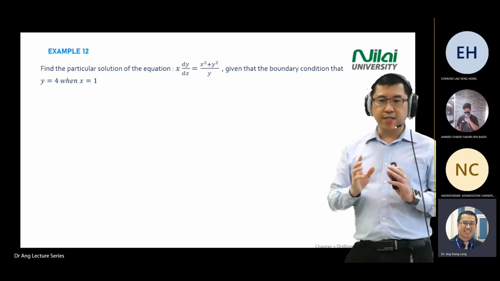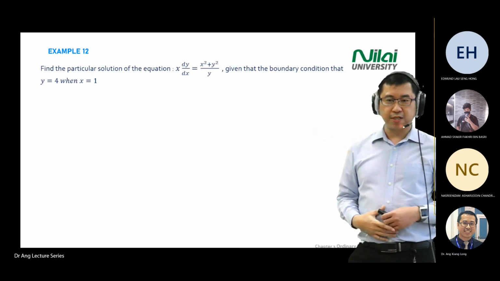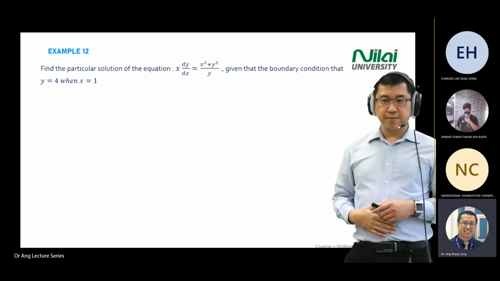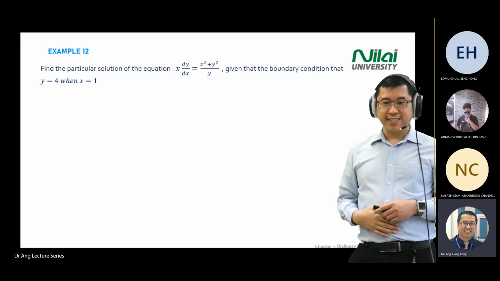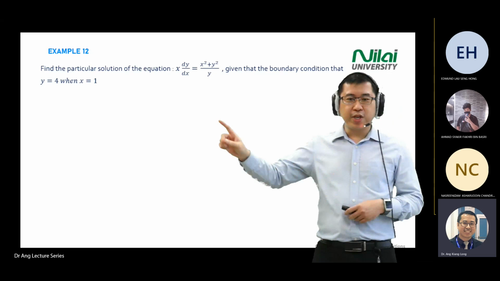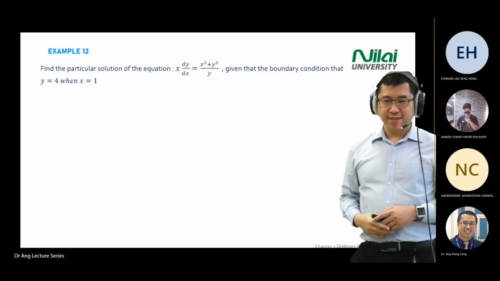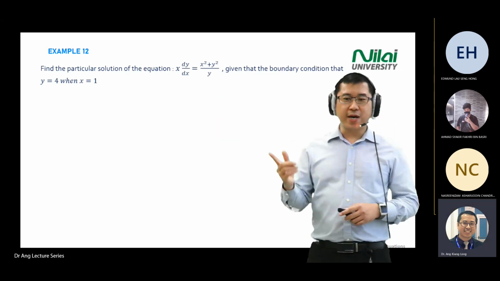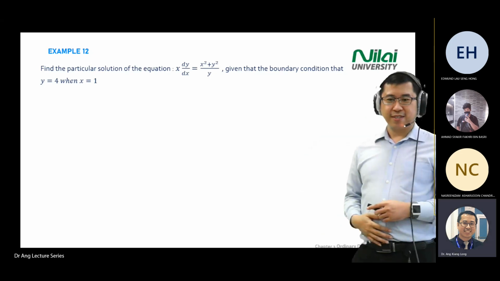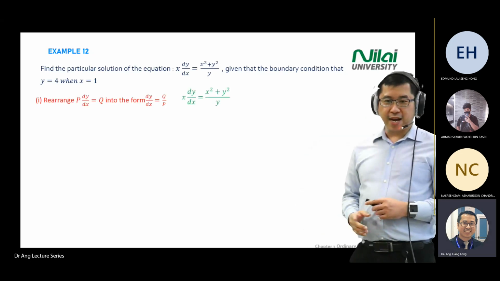First, look at the question. Is this one homogeneous or not? No, sir. Okay, check carefully. First step, you rewrite dy/dx first. dy/dx equals what? And then check homogeneous. Yes, it is homogeneous because it will be xy.